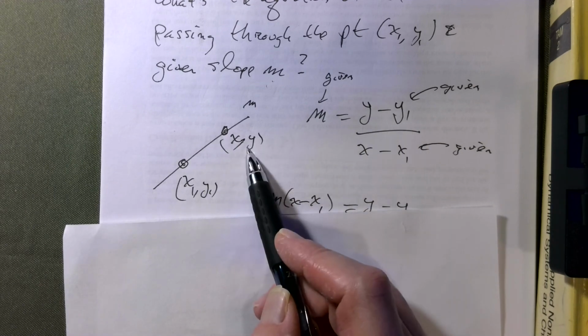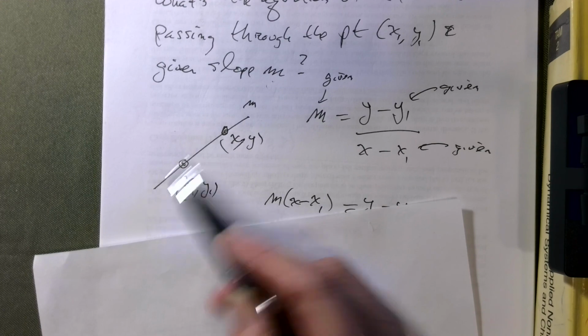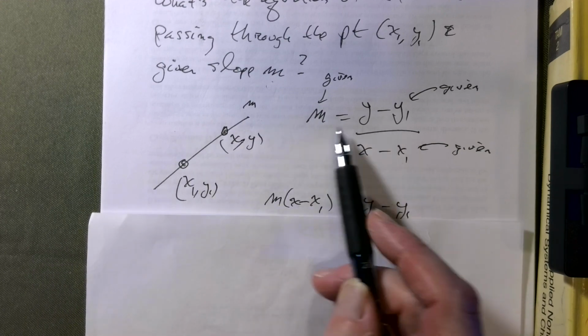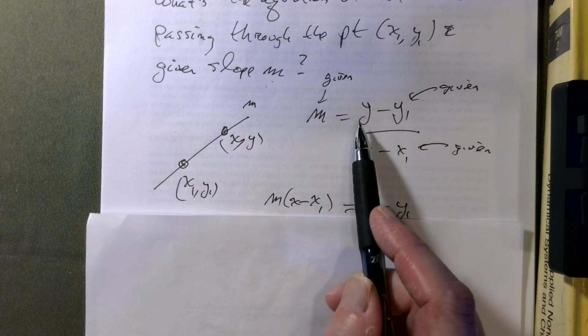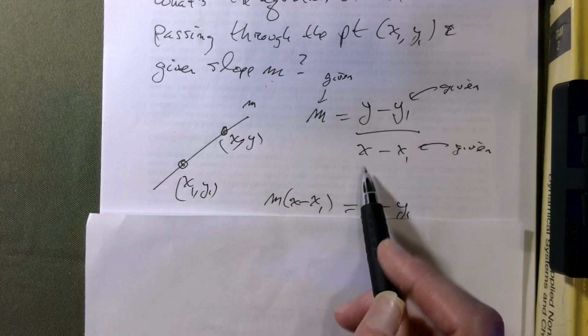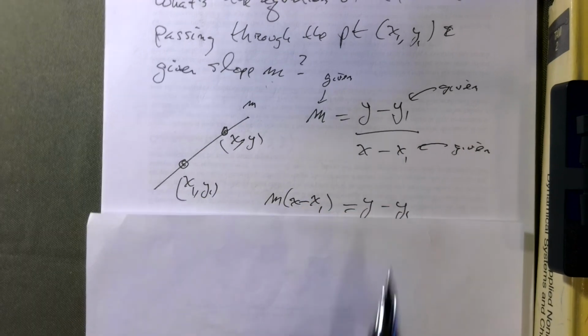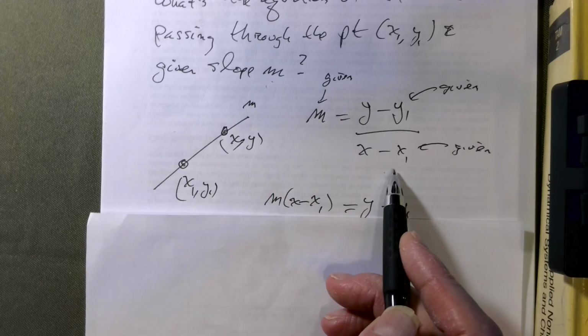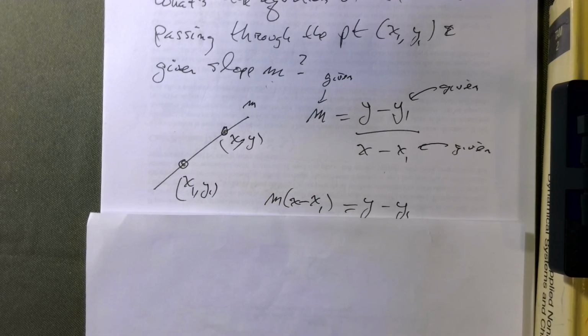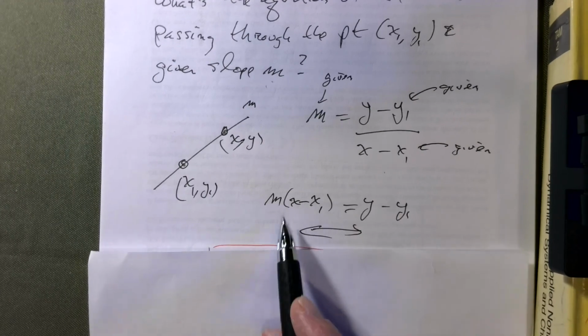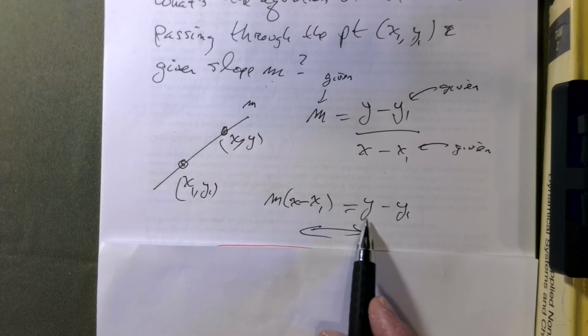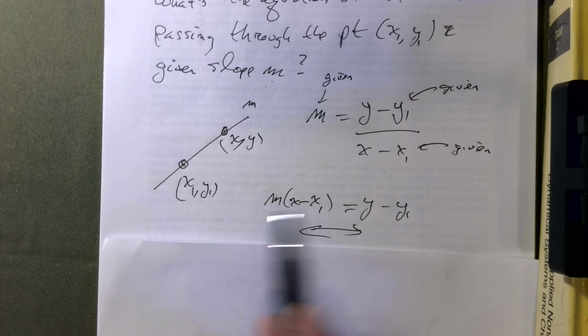Now, we don't know what the y is and we don't know what the x is, but we do know they lie on this line. So they have to have this slope. So if I take y minus y1 over x minus x1, that has to equal the user-specified m. If I cross-multiply, so I don't work with fractions, I get m times x minus x sub 1 equals y minus y sub 1. And I'm just going to flip the equation.